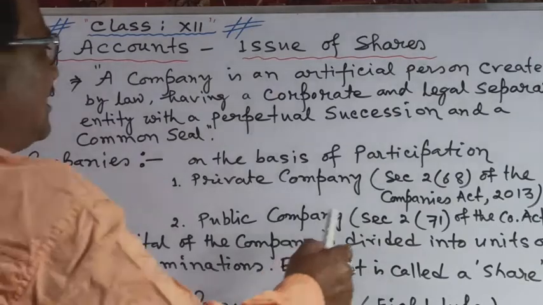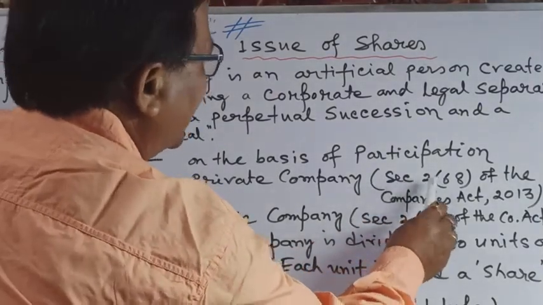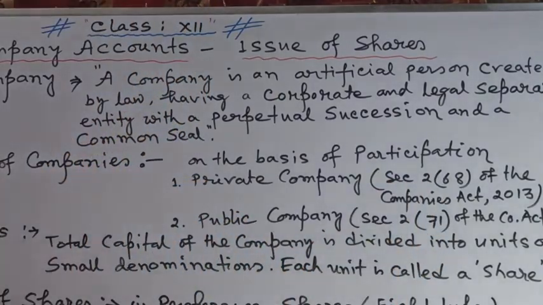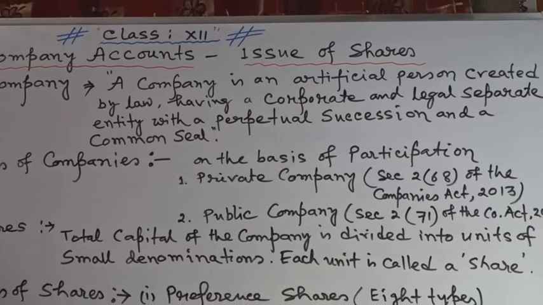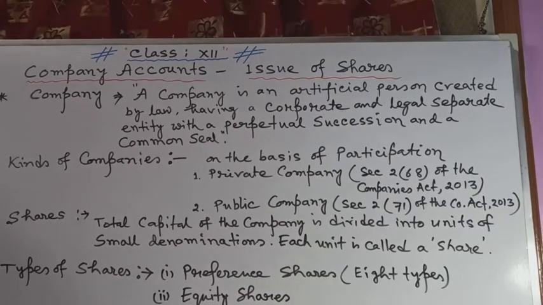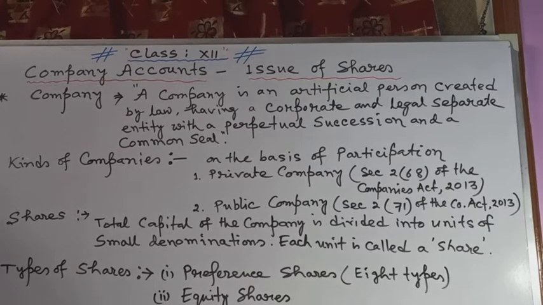Private company: under the Companies Act, Section 2 Subsection 68 of the Companies Act 2013, a private company is a company which by its articles of association restricts the right to transfer its shares and limits the number of its members to a maximum of 200.